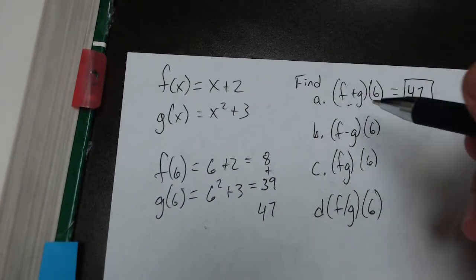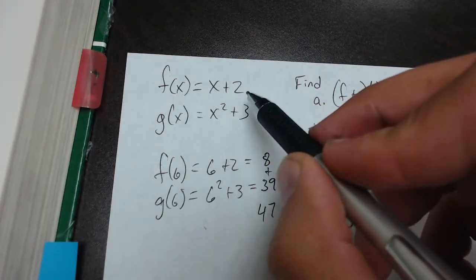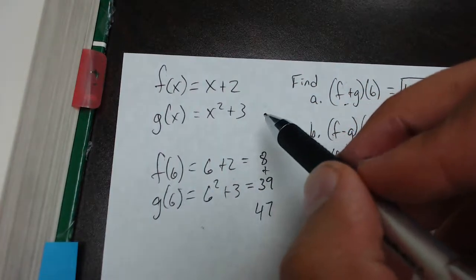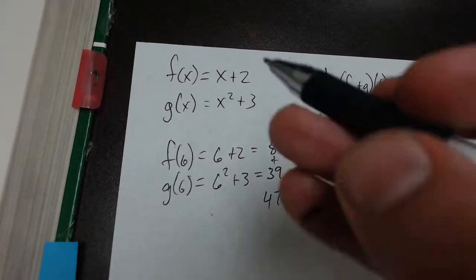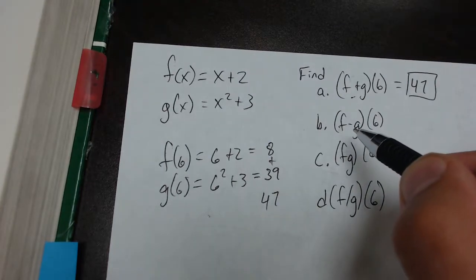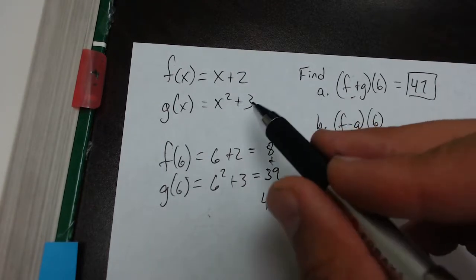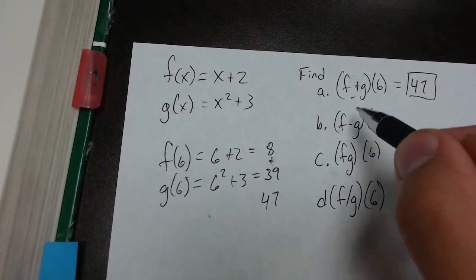So instead of plugging them in, we would do x plus 2 minus x squared plus 3. The way that works is we just have to follow all of our rules of algebra. So we would take this negative, or the positive, whatever it is, and we would apply it to that second function of g.